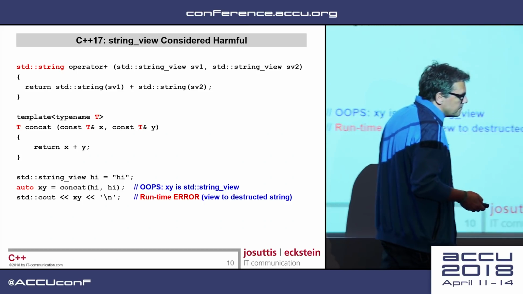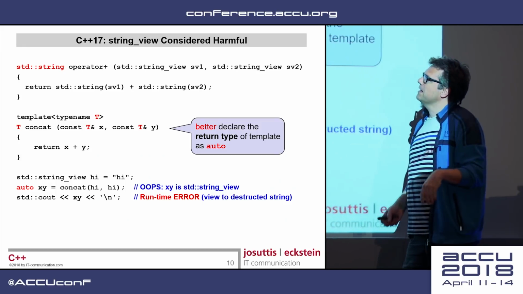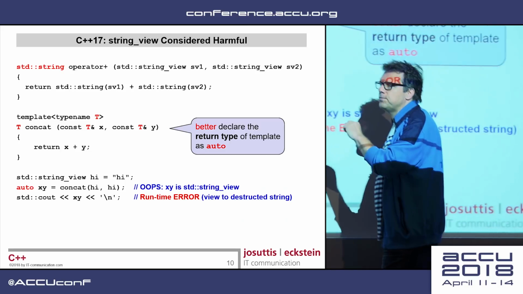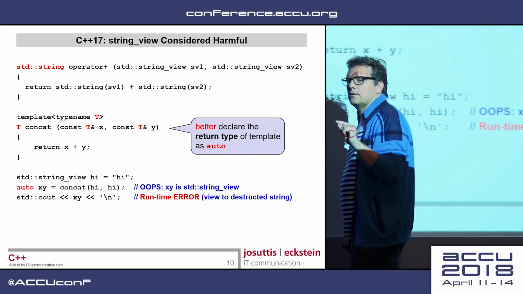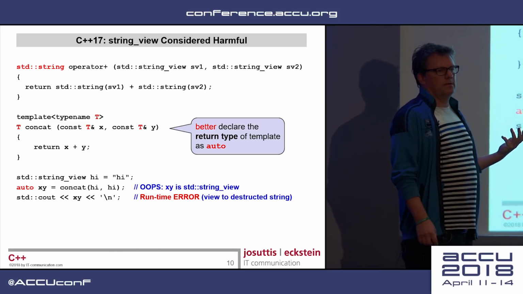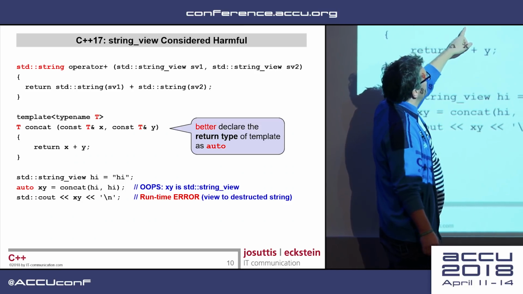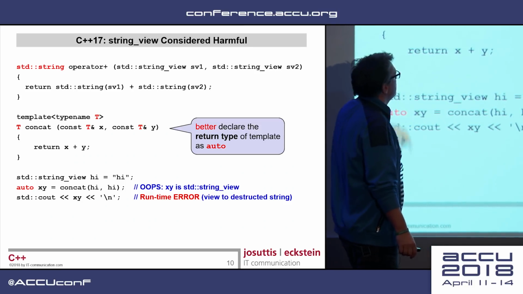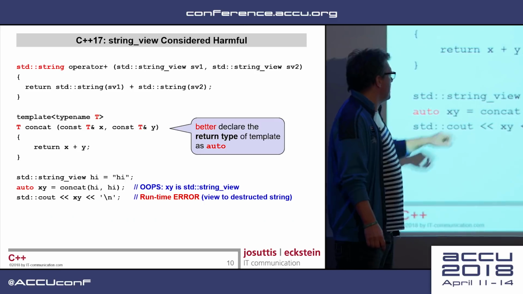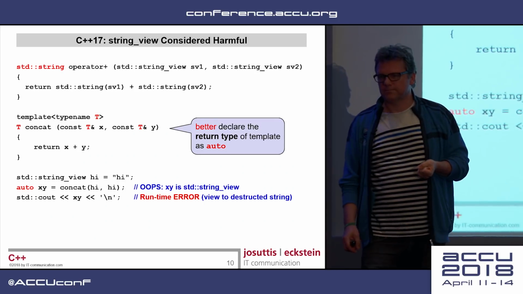So, what's wrong here? First of all, you wouldn't have a problem if your template would be declared so that the return type is auto, deduced by the compiler. Because in that case, this would return a string, and then with this auto, x and xy would be a string.